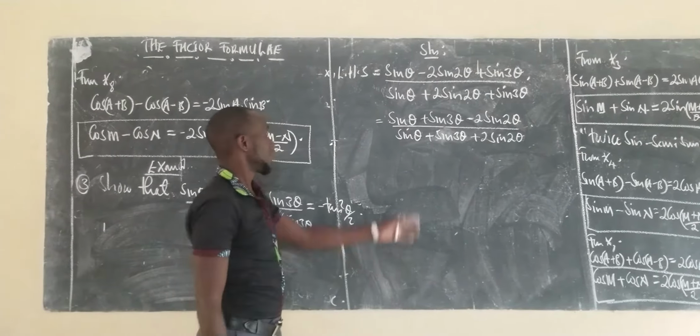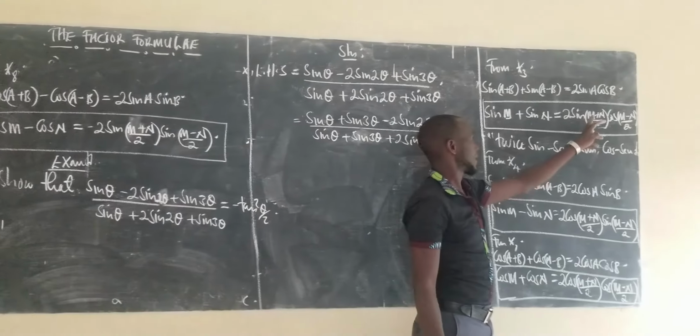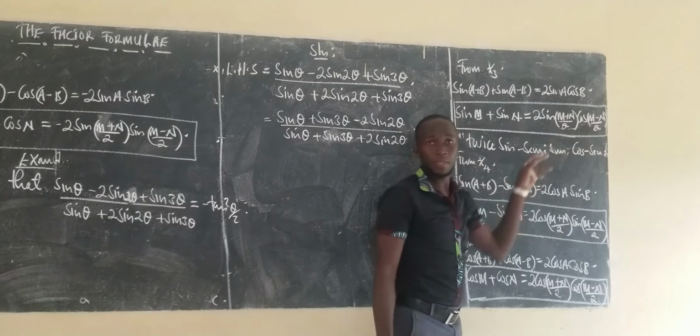Do that before. When we are adding the two sines, we get twice semi-sum, cos semi-diff.